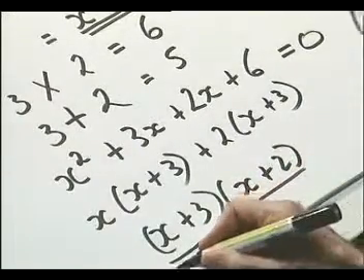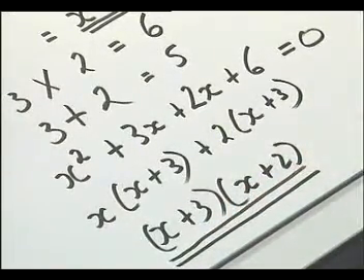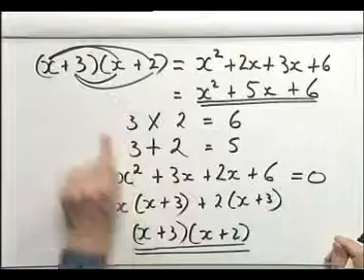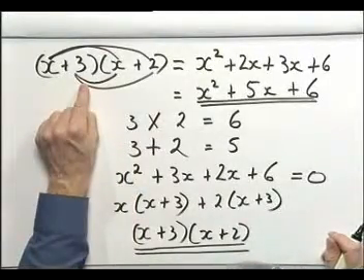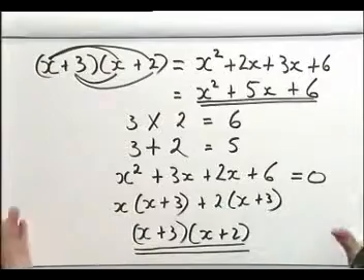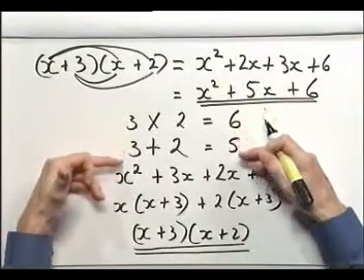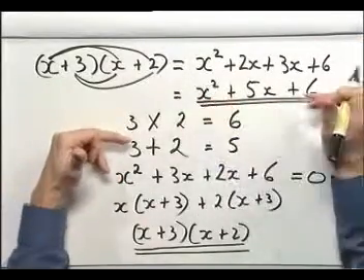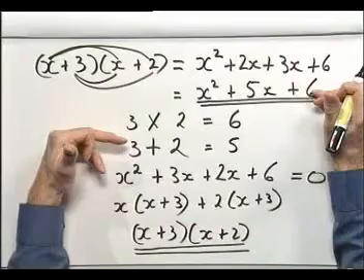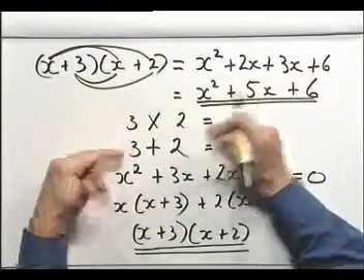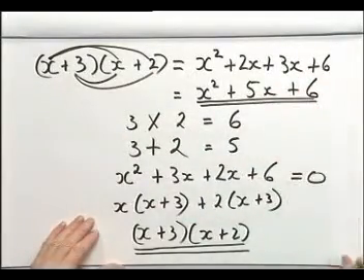And so we've arrived at that factorisation, those brackets that we started off with. Now, that's what we've done. And what we need to do is to be able to repeat this process of looking for numbers that multiply together to give the constant term and numbers that will add together to give the x term. So let's have a little bit of practice at that.